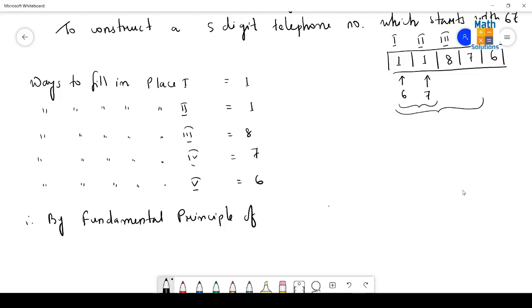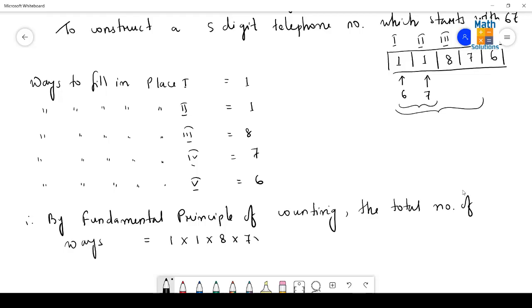Therefore I have to write, fundamental principle of counting, the total number of ways. How do I write? Multiply 1 into 1 into 8 into 7 into 6. The result is 336, and that is your answer.